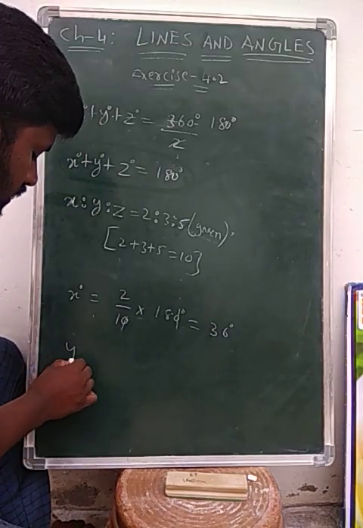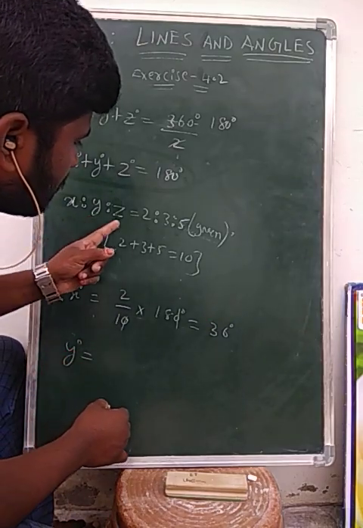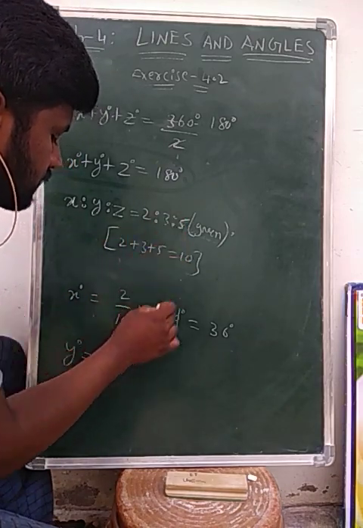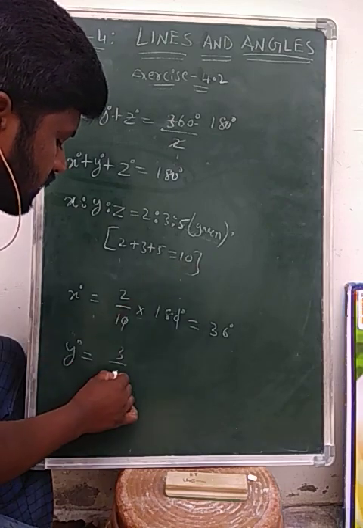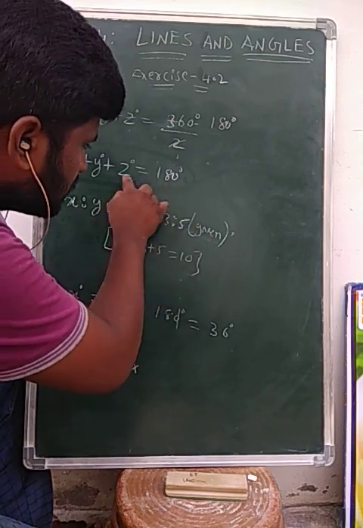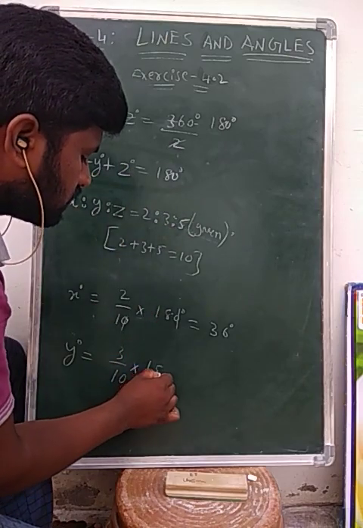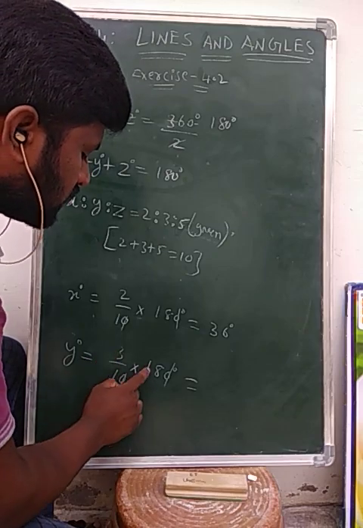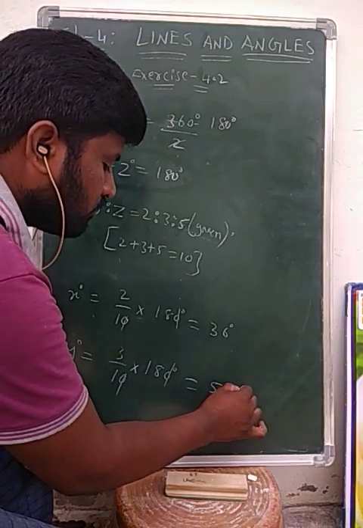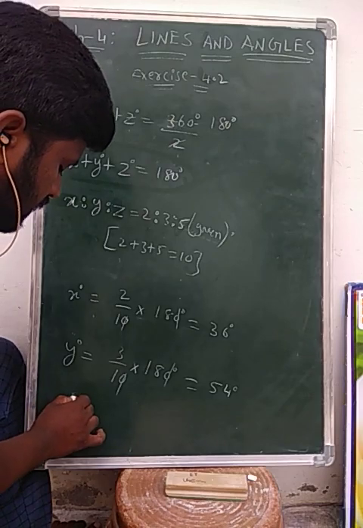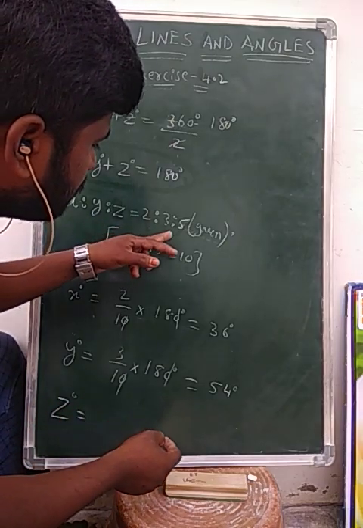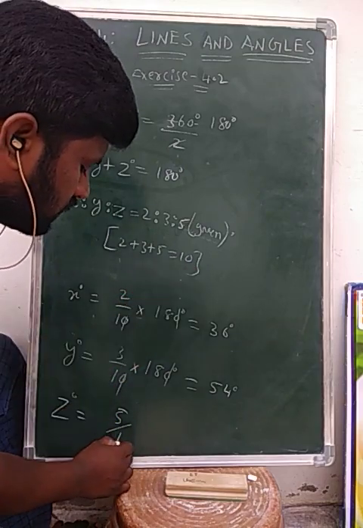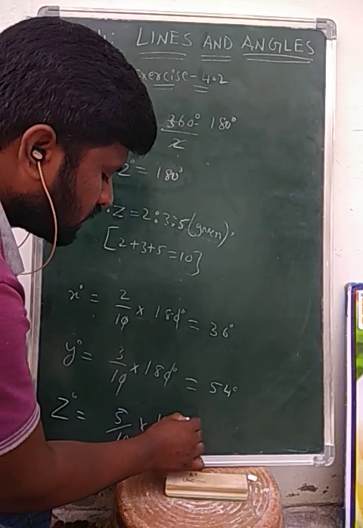Then y degrees corresponds to ratio 3, so 3 by the sum of the terms of the ratio, 10, into the sum of the three angles, 180 degrees.